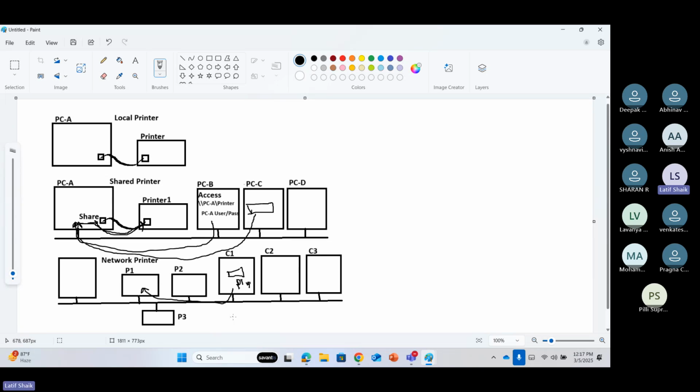Mainly bigger organizations and enterprises use these network printers connected directly to the network. So anybody can take a printout from their system. They just should know their printer IP address. So they can connect to it and take a printout.